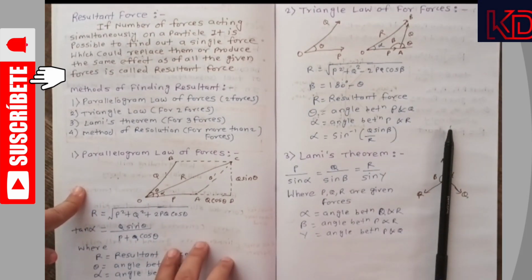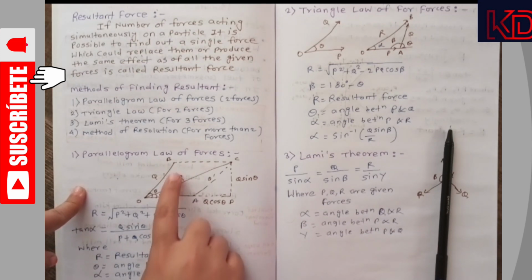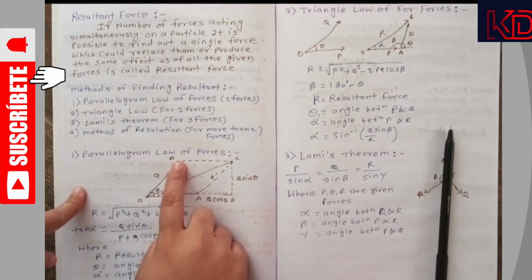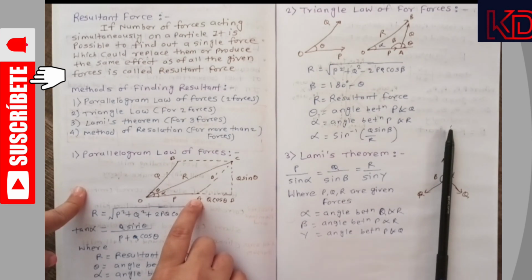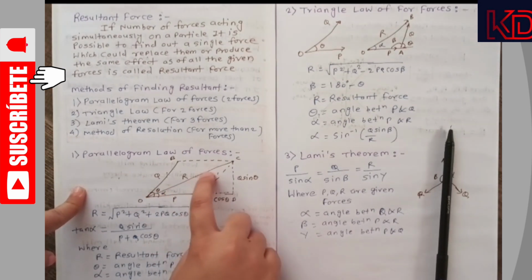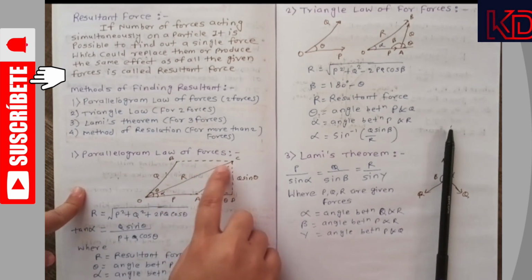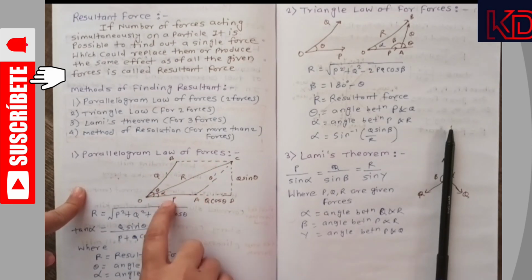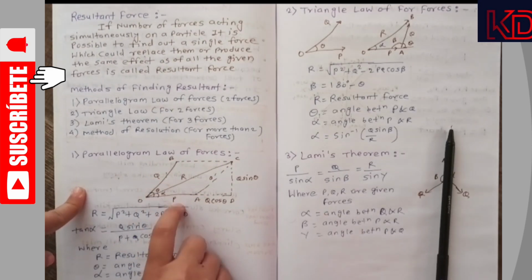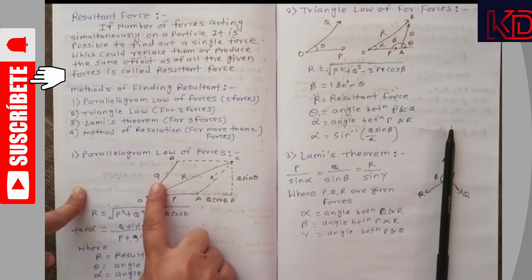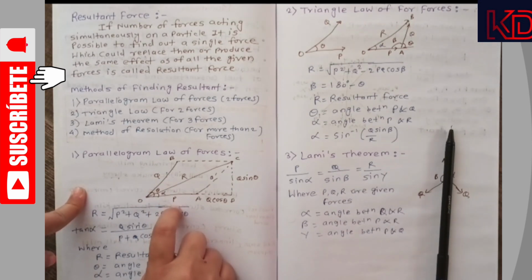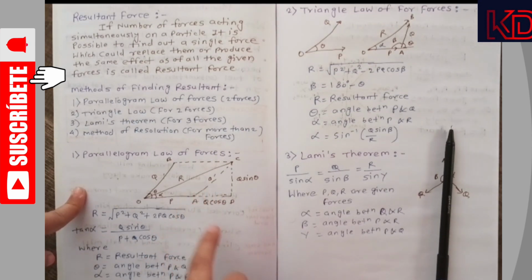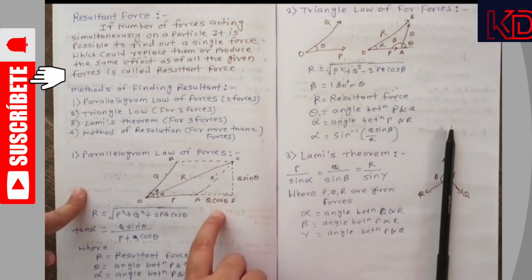Basically, if there is a triangle, this is the resultant force we need to calculate, because these two forces, P and Q, are producing some magnitude. To find it, we have drawn a parallelogram here.